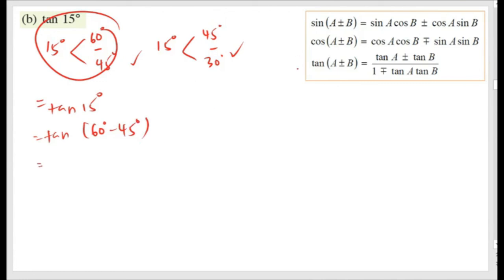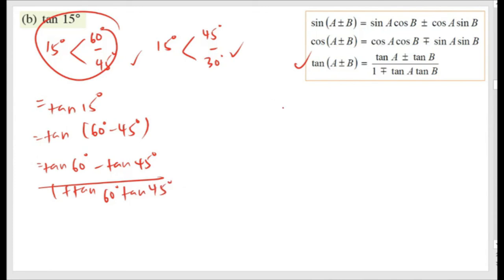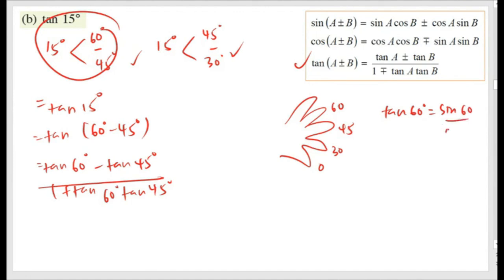Then we use the formula. Tangent 60 degrees minus tangent 45 degrees over 1 plus tangent 60 times tangent 45. Then what are the values for tangent 60 and tangent 45? Fingers: 0, 30, 45, 60. Okay. Tangent 60 equal to sine 60 over cos 60.